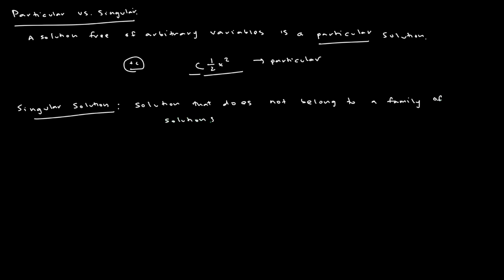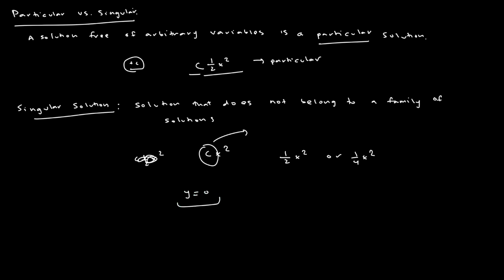So if we had something like c times x squared, the family of solutions is all the values of c that satisfy this, right? So we could have something like 1/2 x squared or 1/4 x squared. But if we only have one particular value of c that satisfies the equation, then it's a singular solution.